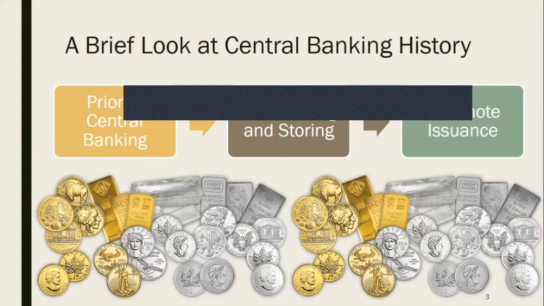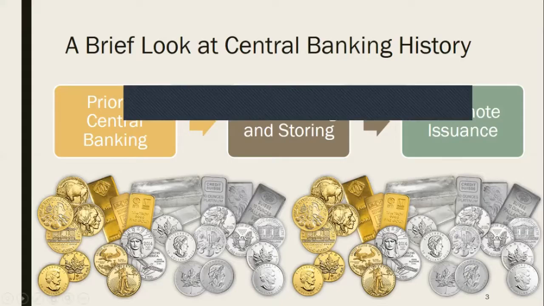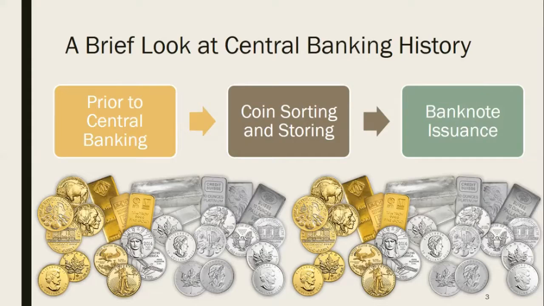So we are discussing the history step by step, how central banking evolved, the evolution. Now in the second step, coin sorting and storing. The primary task of this Bank of Amsterdam in the Netherlands was to sort and store coin, right?